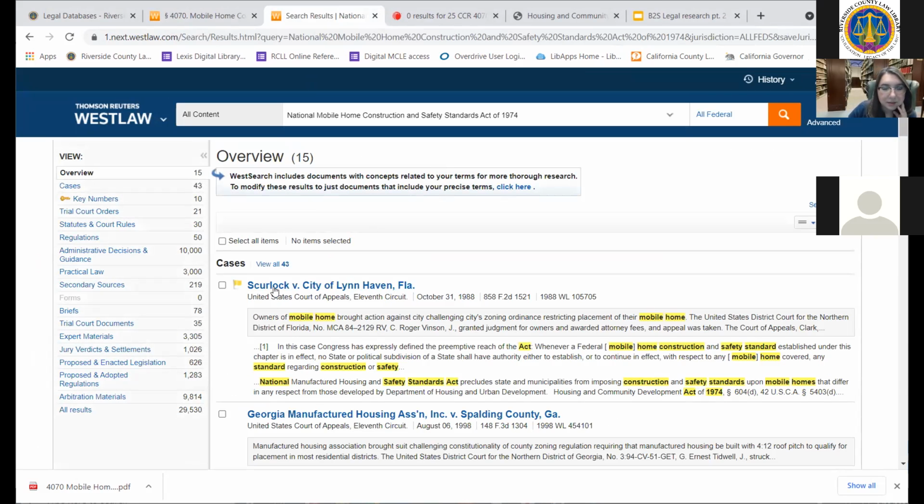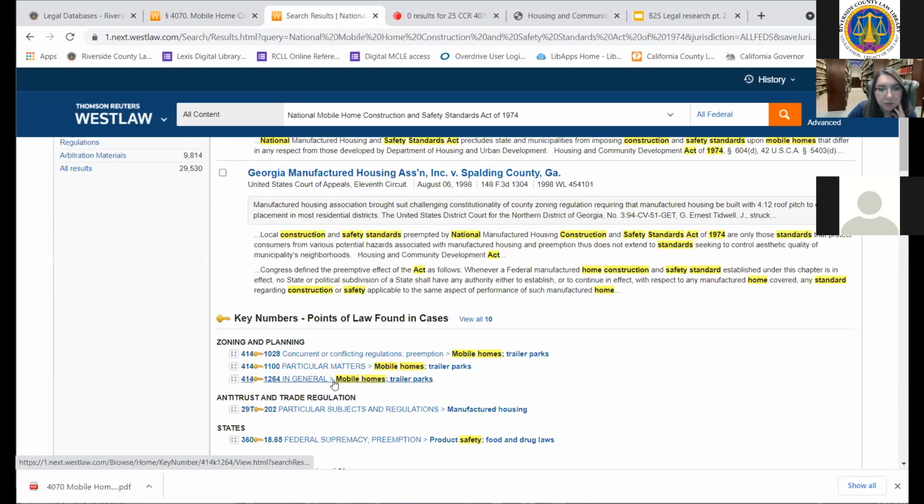Oh, here's interesting. So it didn't pop up to the specific act, but it did come up with the overview.